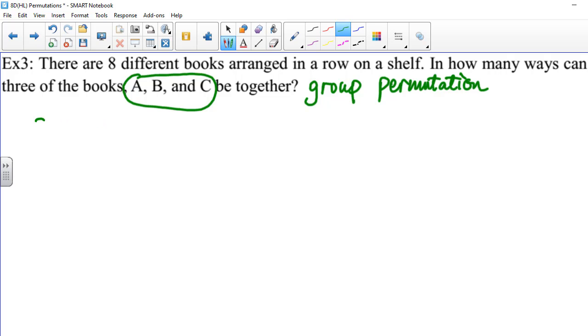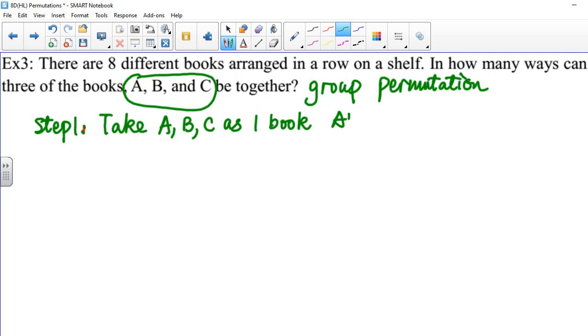So what I will do in step 1, take these 3 books as one book. I put ABC as one book. Or I can use a string to wrap them up. Just make sure those 3 books should be considered as one book with another 5 books.